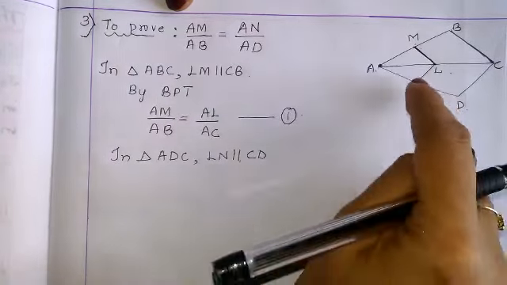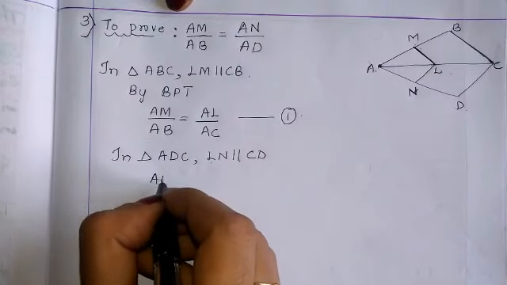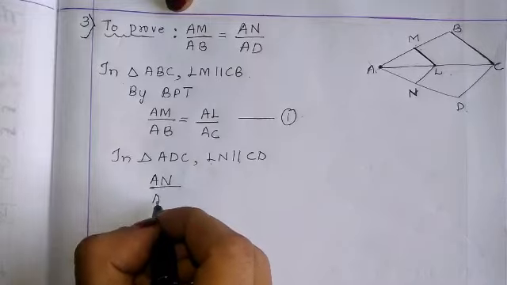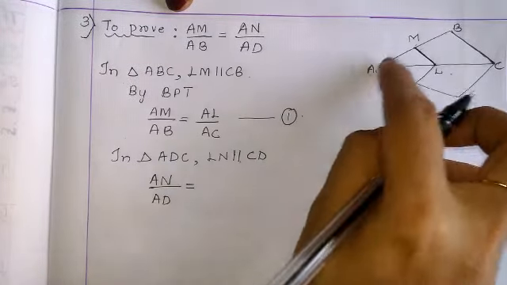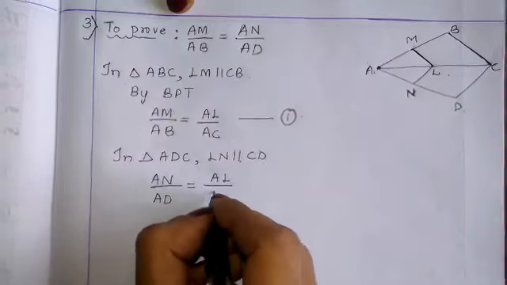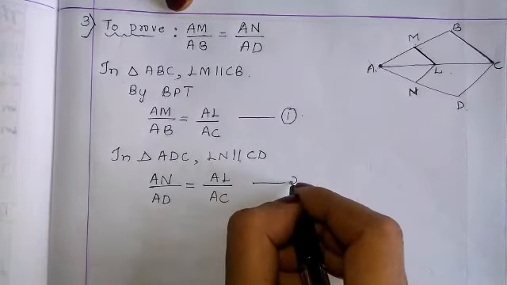In the same way, AN upon AD is equal to AL upon AC. This is equation 2.